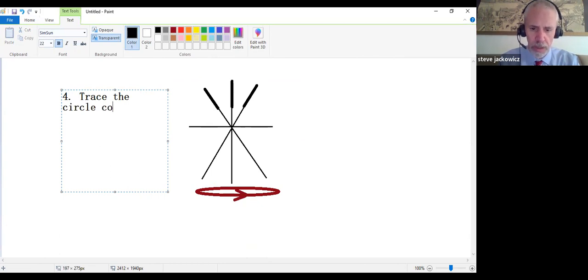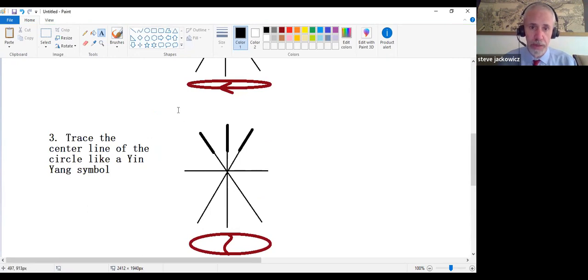Trace the circle counterclockwise. Okay, so we trace clockwise through the middle, counterclockwise. Then 5 would be going back through the middle. 5 is identical to 3.